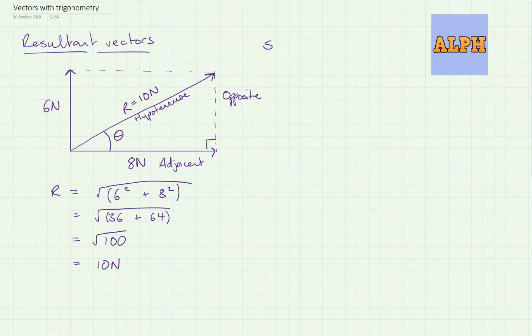SOHCAHTOA, some people draw it out like that, and that's kind of shorthand for the S, the C and the T: sine of the angle, cosine of the angle, and the tangent of the angle.